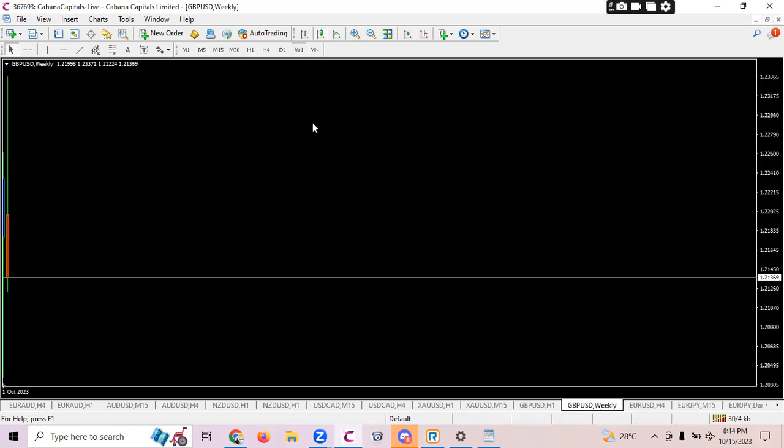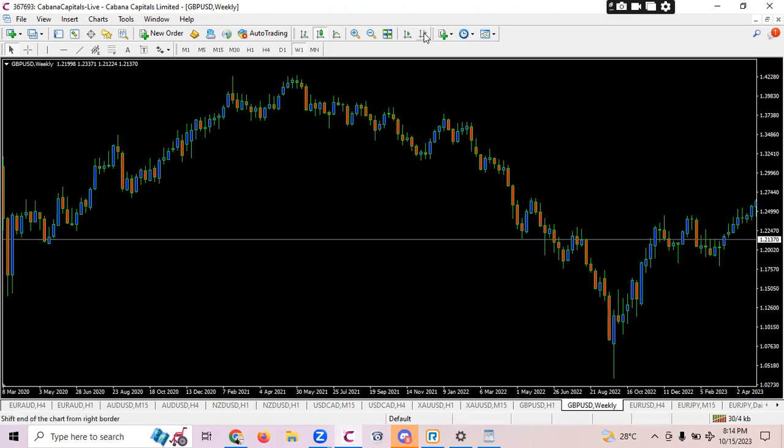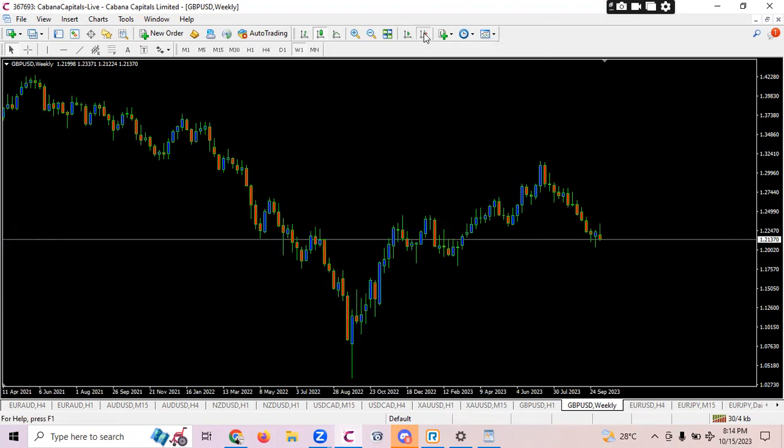Just by looking at the weekly time frame, you would agree with me that GBP USD is bearish at the moment, right? The way the candlestick closed last week, this is a bearish inverted armor. And before the formation of this inverted armor, we had what's it called?